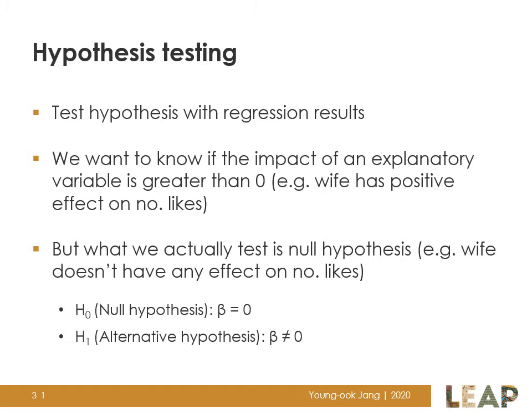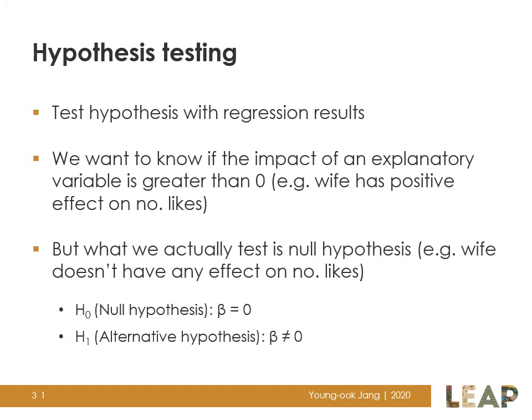Using the coefficients, we want to know if the impact of an explanatory variable is greater than 0 or not, for example, whether having my wife in the posting has a positive effect on the number of likes. You might think that if the coefficient has a positive sign, it's greater than 0, but that's not always true.